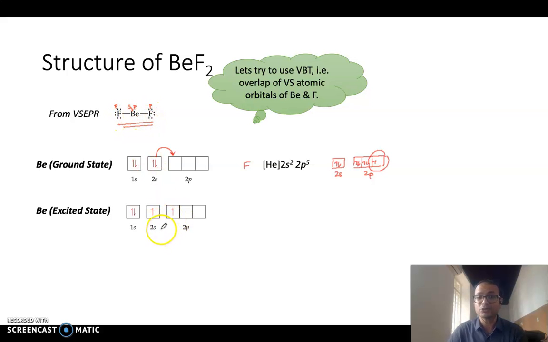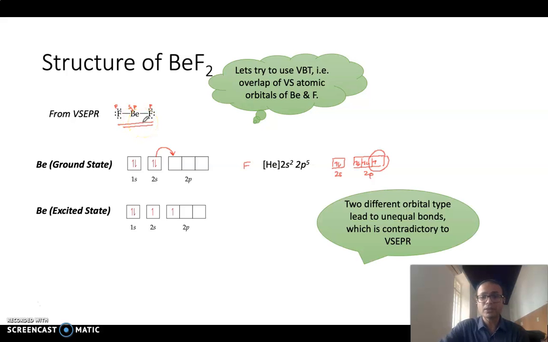To understand that, we need to consider a slight variation, because if 2s overlaps with 2p, this kind of equivalence isn't possible. So two different orbital types lead to unequal bonds, which is contradictory to VSEPR, because VSEPR predicts that the two bonds are equal. So how do we solve this problem?